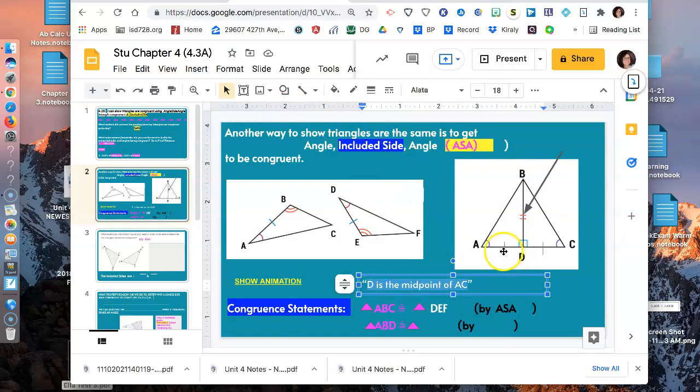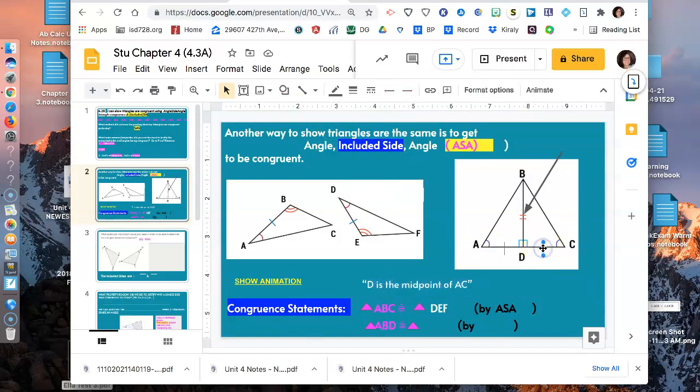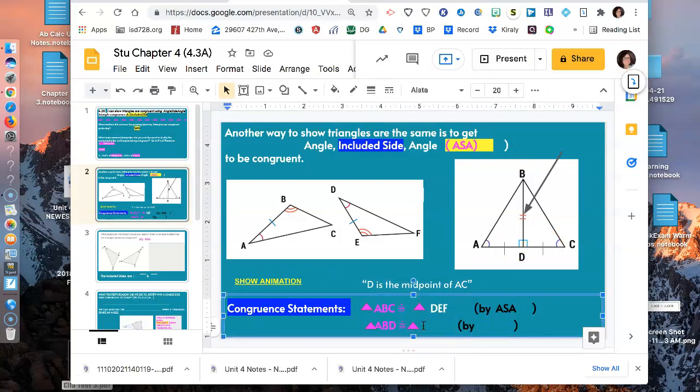And then your brain could say, all right, we're split into these two equal pieces right here. So now I can write that congruent statement and say that ABD, the one on the left, is congruent to, and I challenge you to pause and write it yourself, CAB, A and C have single arcs, BD, also by angle, side, angle.